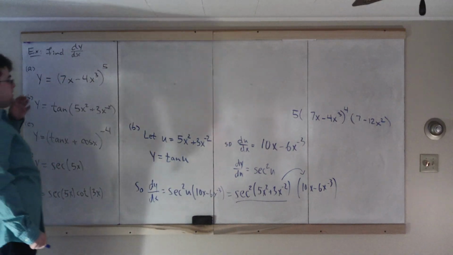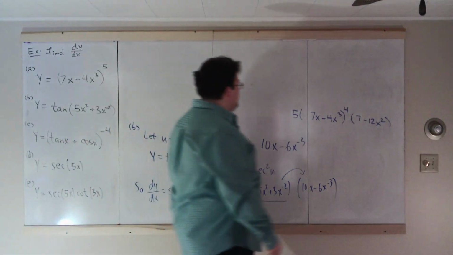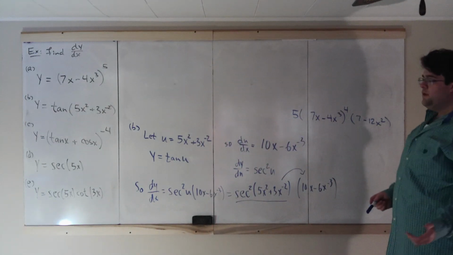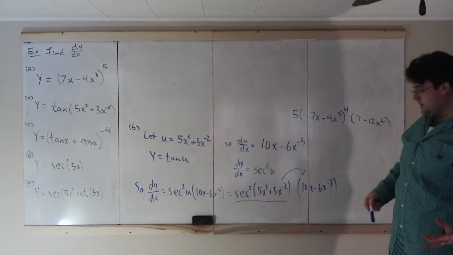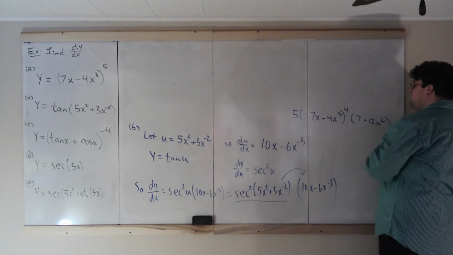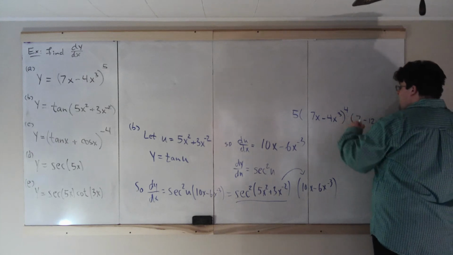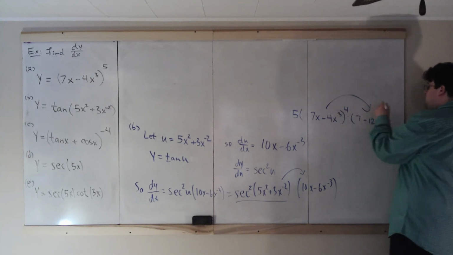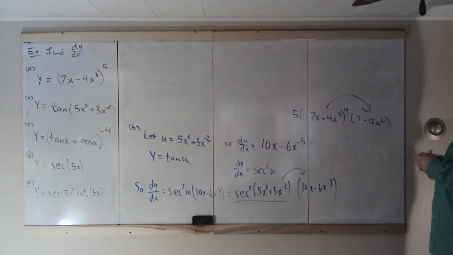And look at our answer. We had a function to the fifth. The derivative was 5 of them to the fourth. Well, we knew that the derivative of x to the fifth was 5x to the fourth. But here we're putting more than just an x there. And we still have 5 of them to the fourth. But then you need to multiply by the derivative of the inside function.